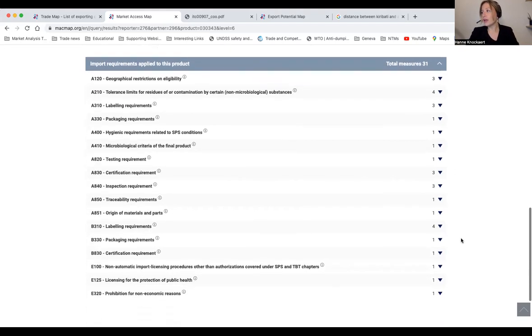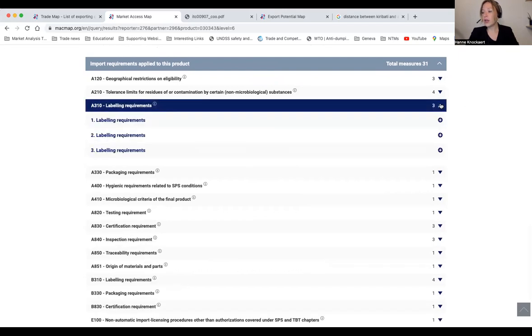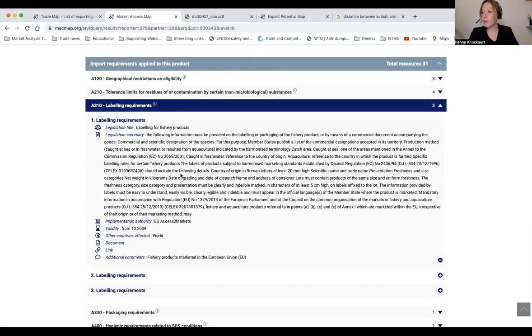So you can click them open. Let's try the labeling one. You will find some information on this non-tariff measure. You can find out which authority is requiring this measure, and there's always a link towards this authority or a document with even more information if you need that.